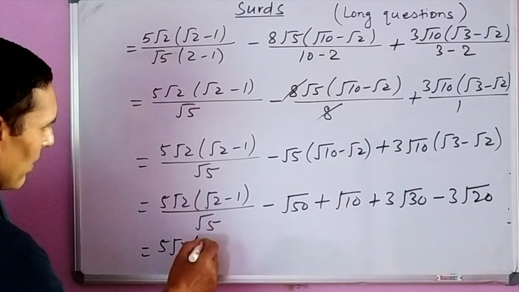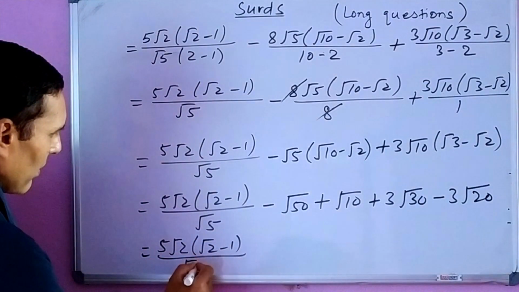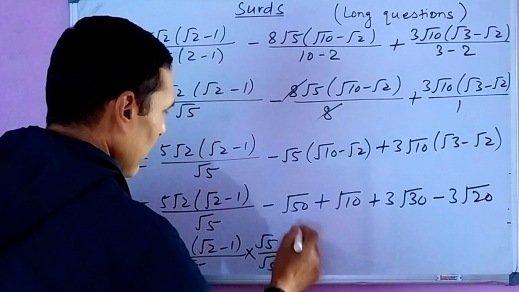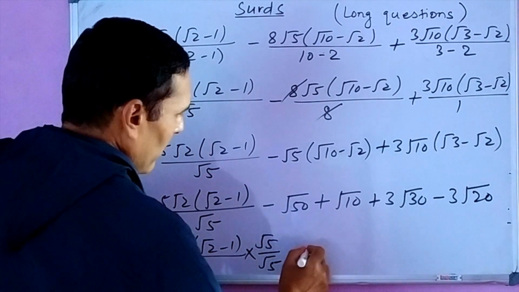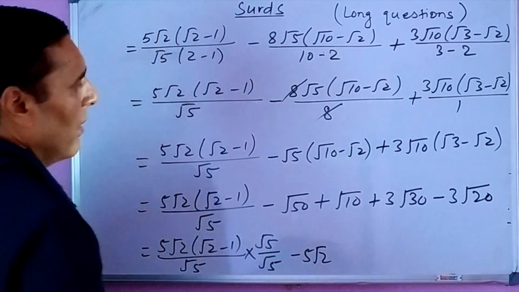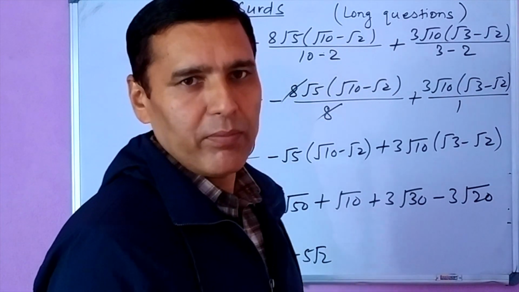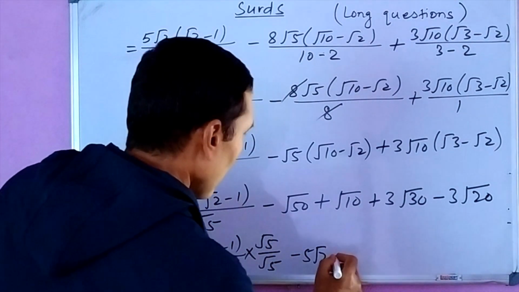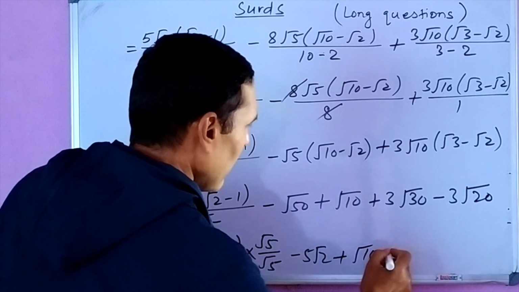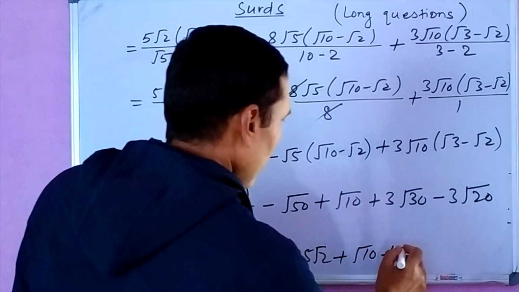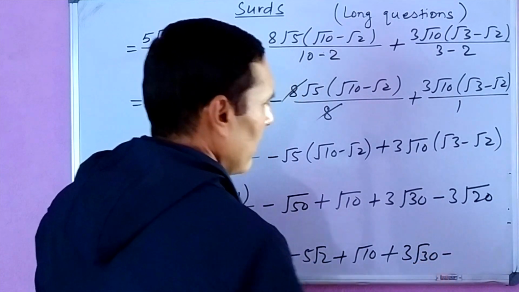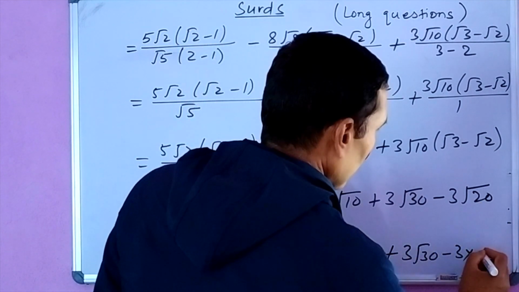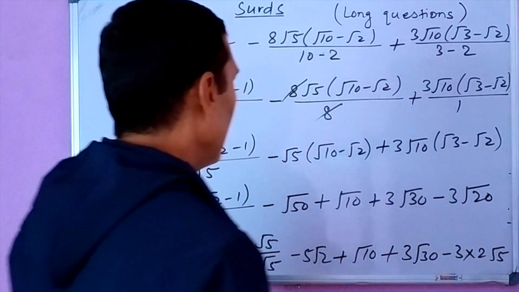So (5√2 − 1)/√5, times √5 upon √5. And √50 is 5√2, because 50 is 25 into 2, and the square root of 25 is 5, which comes out, and the 2 stays under the root. Plus √10, and here 3√30 as it is, and 3√20: 20 is 4 into 5, so the square root of 4 is 2, giving 2√5.